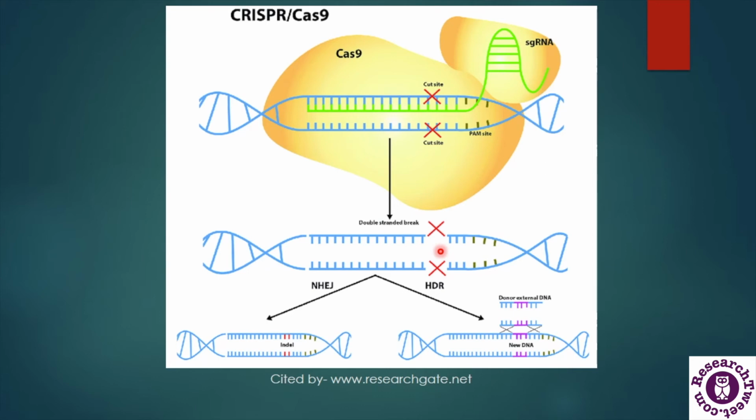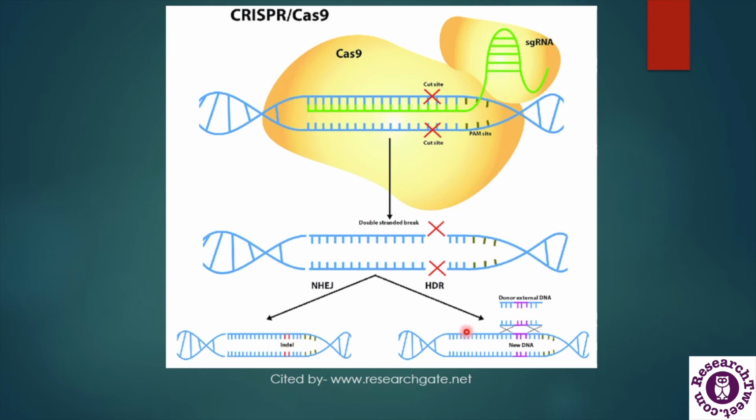So at this stage the cell recognizes that the DNA is damaged, so it starts its repair mechanism. Basically the cell has two repair mechanisms, named non-homologous end joining and homology directed repair. In non-homologous end joining, it doesn't need any template and it joins or repairs the DNA.